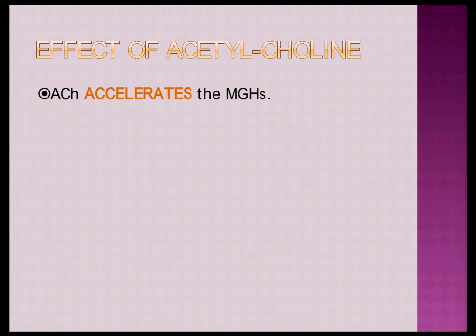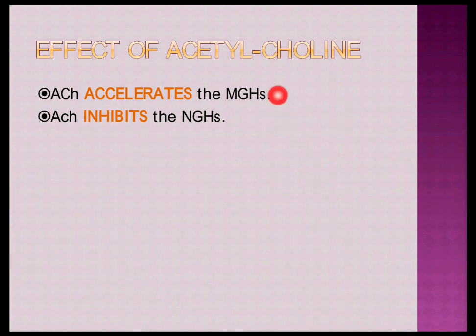So if you have more acetylcholine dropped into your blood, that can affect your heartbeat. Now it has been seen that acetylcholine inhibits the neurogenic hearts. So this is an antagonistic kind of thing compared to the myogenic hearts.